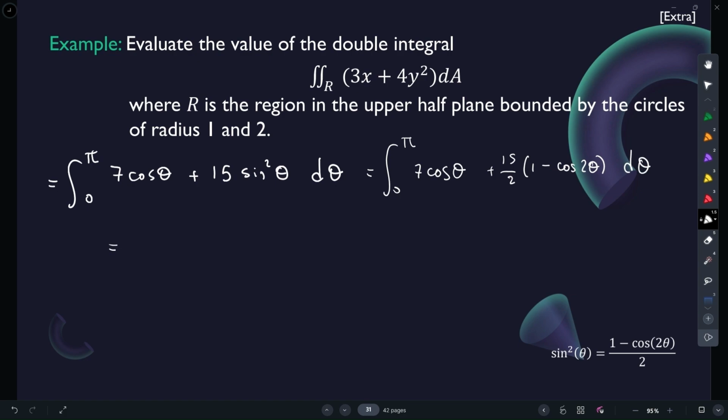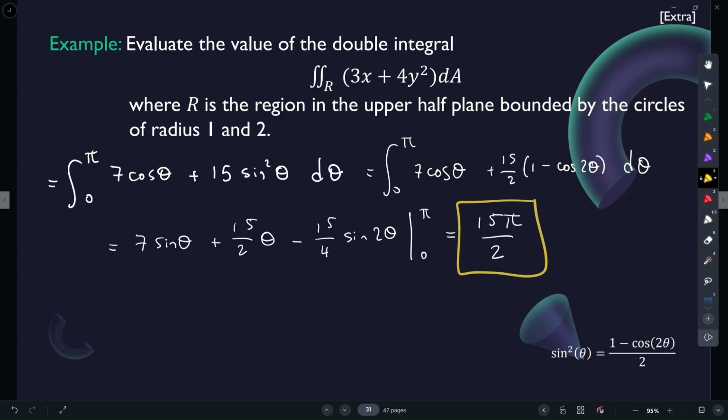The integral of 7 cosine is 7 sine theta, and the integral of 15 divided by 2 is 15 divided by 2 theta, and the integral of minus cosine 2 theta will be minus 15 divided by 4 sine of 2 theta. Evaluate that between 0 and pi, and the final answer is 15 pi divided by 2, and that is the integral we were trying to compute. This integral over that region, we translated to polar coordinates to find this value.